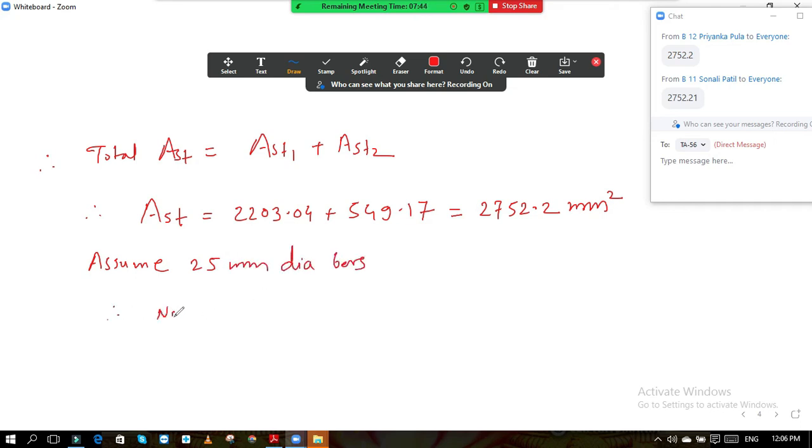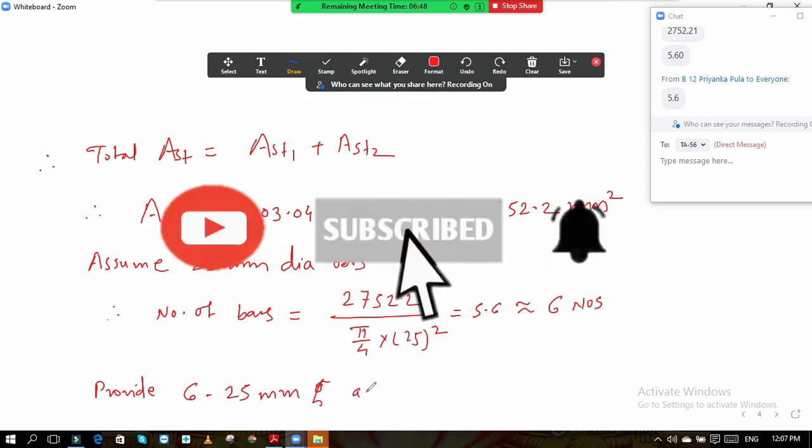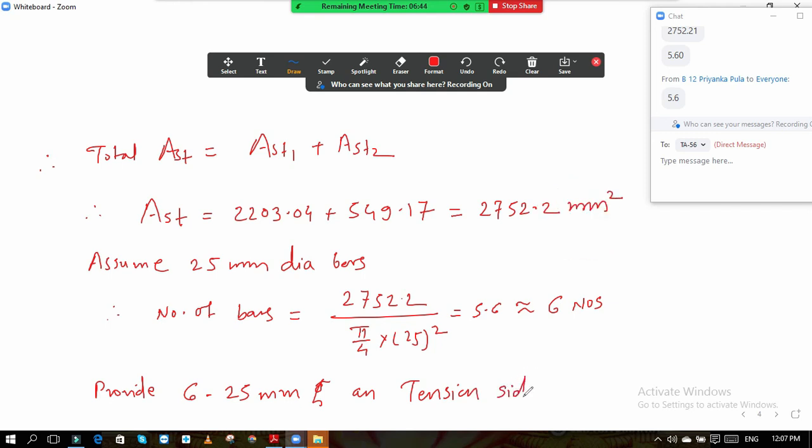Therefore, the number of bars is equal to 2752.2 divided by pi by 4 into 25 square, which is 5.6, so nearly equal to 6 numbers. So here I can write: provide 6 bars of 25 mm diameter on the tension side.